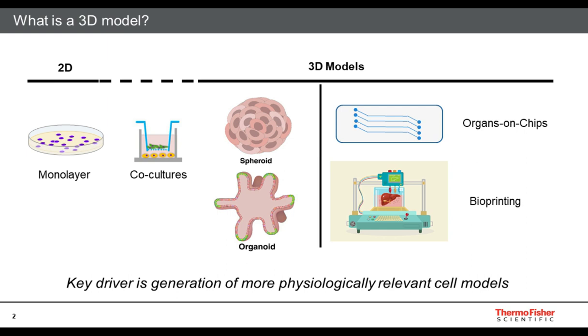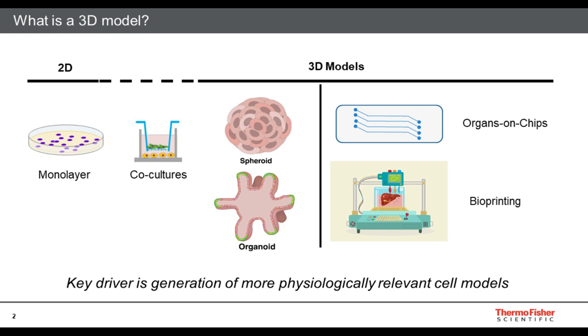Going from left to right, we've got traditional monolayer, and then moving more towards the right, we have more classic co-culture models that can be used with transwell inserts. These have been around for decades. Then, getting into what I think are more timely definitions of 3D models, that's the spheroids and organoids, and then moving into more complex systems such as organs on a chip and bioprinting.